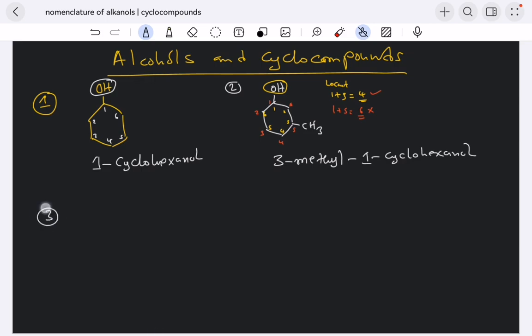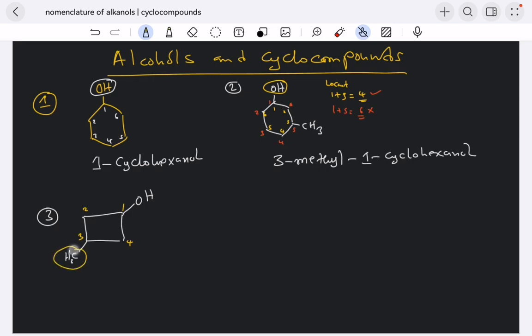Let's look at example 3. Let's have something like this, then OH, and CH3. So we have a methyl as a substituent and we have hydroxyl. So the counting is the same, 1, 2, 3, 4.